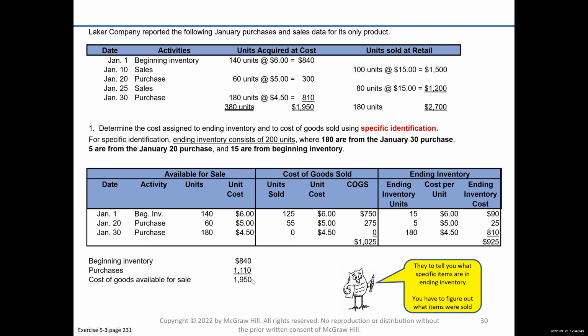Then we go minus ending inventory of 925. So what's cost of goods sold? Goods available minus the ending inventory of 925 is cost of goods sold of 1,025. And guess what? It matches here. How about that?